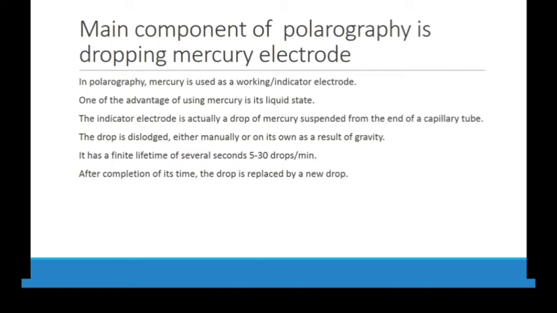This complete setup is not your indicator electrode. The drop at the end of the capillary, a small drop, is actually our indicator electrode. It is also known as a microelectrode, and the drop is dislodged either manually or on its own as a result of gravity. This I already told you. It has a lifetime of several seconds.